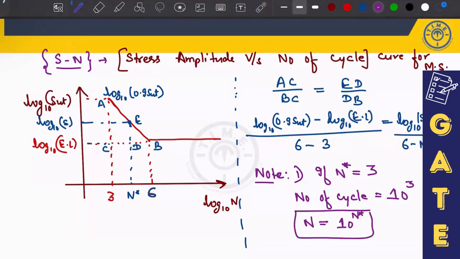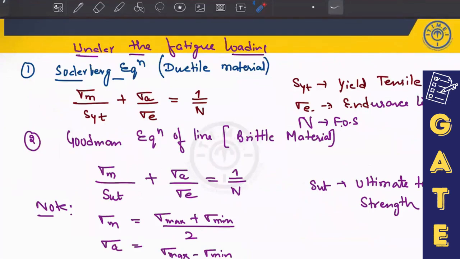Because n is basically the number of cycles, and this n star is the base n. Just make a note of these two equations, and then we will move to the question part.